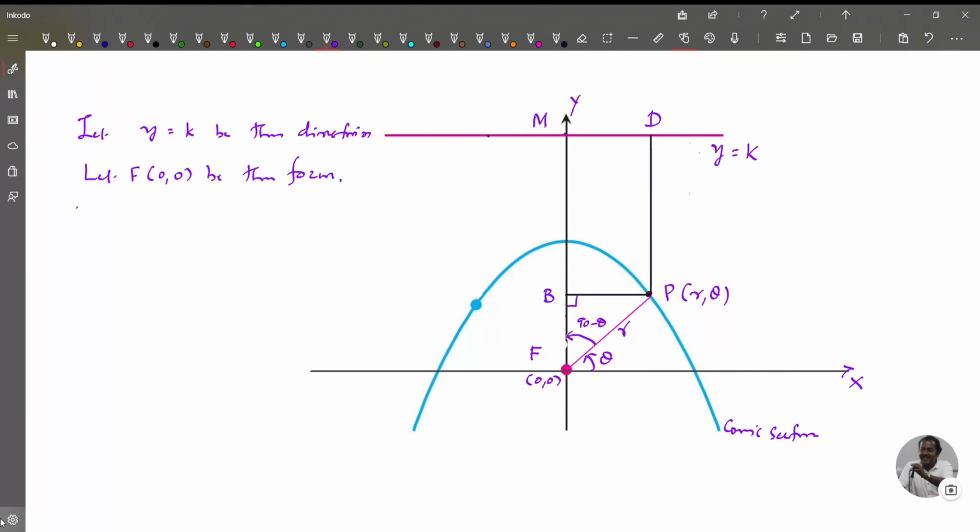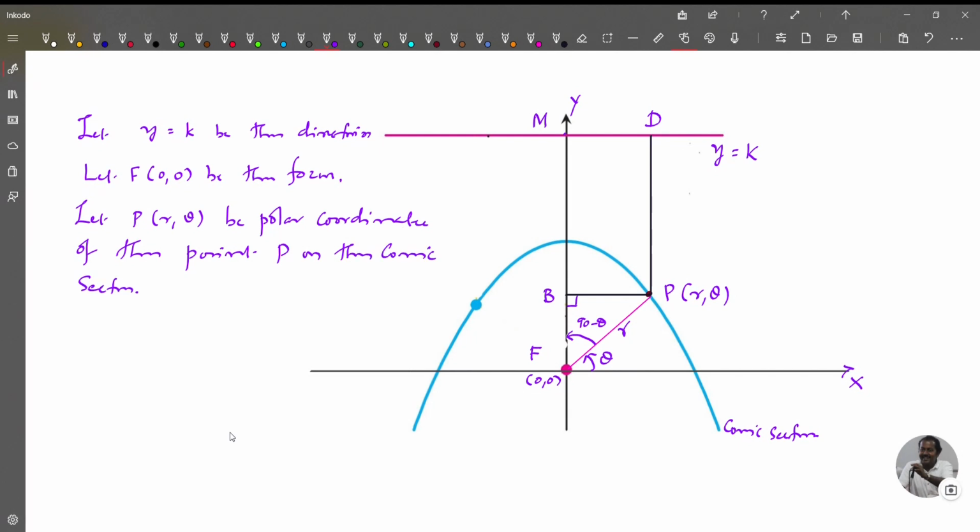Let P(r, theta) be the polar coordinate of the point P on the conic section. Then by focus directrix equation, FP is equal to E PD.